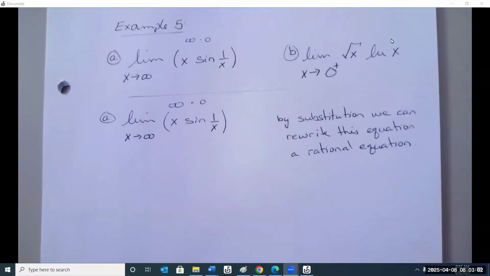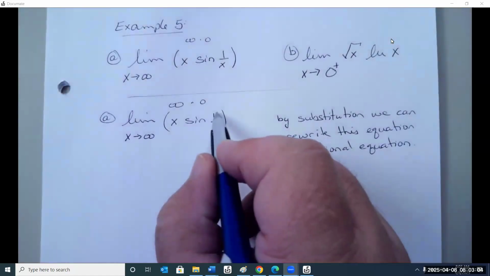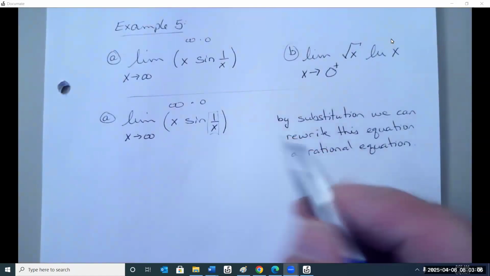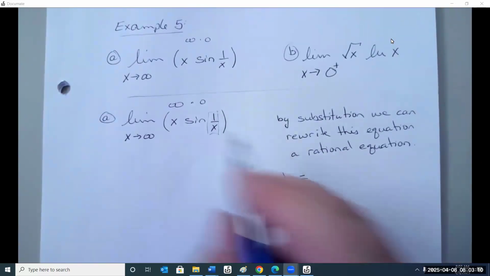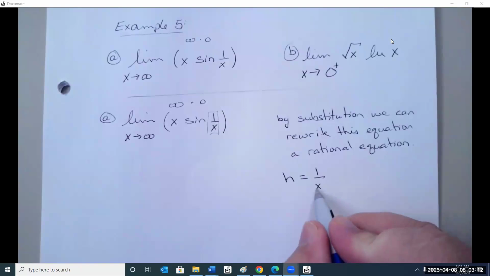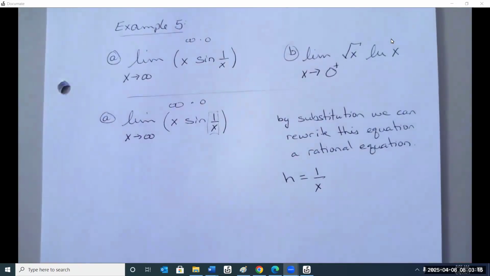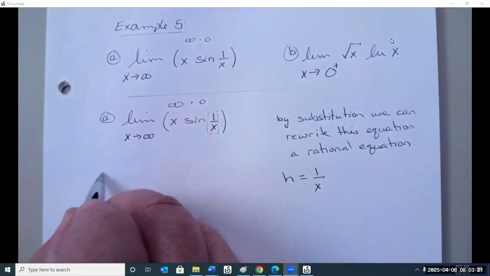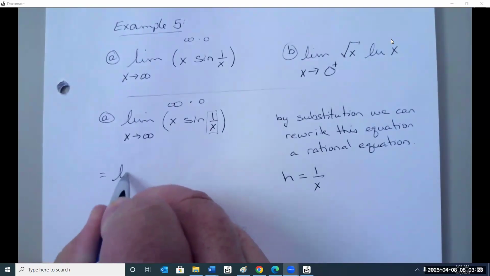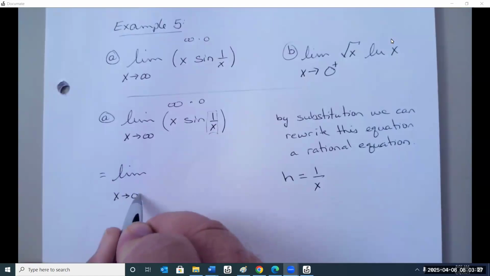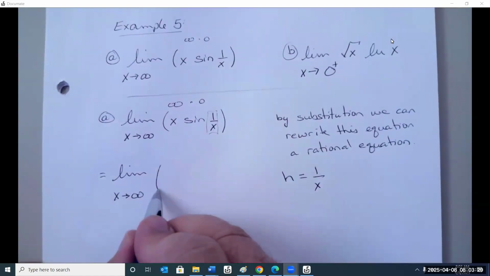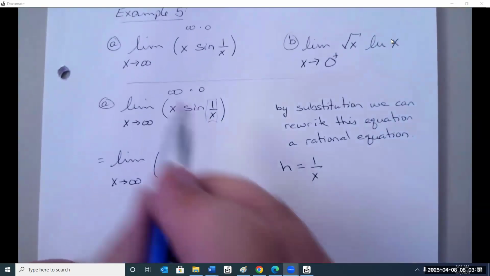So what substitution will we use? The only thing we could really look at is if we set some variable h to be 1 over x, a rational equation. Then we can rewrite this as the limit as x approaches infinity, x.